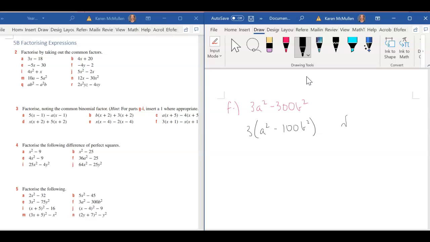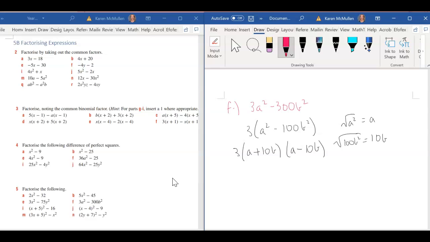So we take the square root of a squared, which is a, and the square root of 100b squared, which is 10b. 3 stays out the front, and then we have (a plus 10b)(a minus 10b). So, taking out the common factor first.